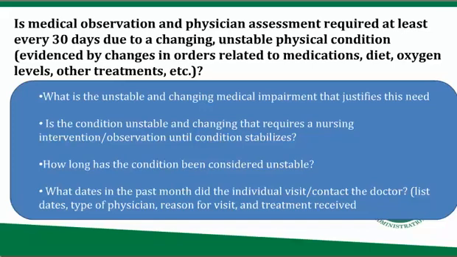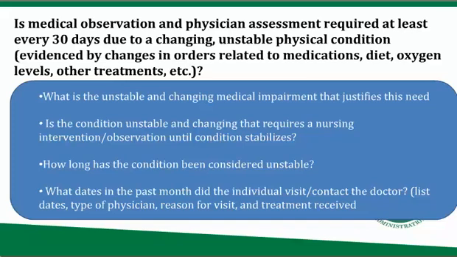Is their condition really unstable that would require nursing intervention and observation? Because remember, all of those skilled needs that qualify for level of care in Indiana are all really things that reflect the need for a nurse in the absence of the primary caregiver. So you can ask things about how long has the condition been considered unstable.